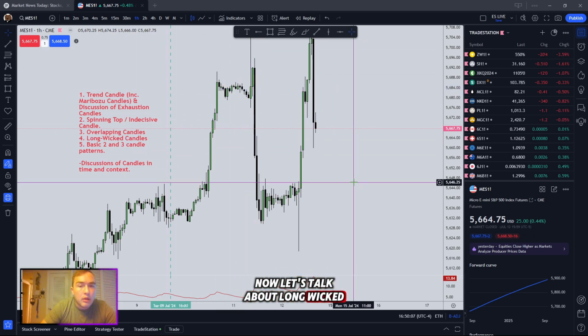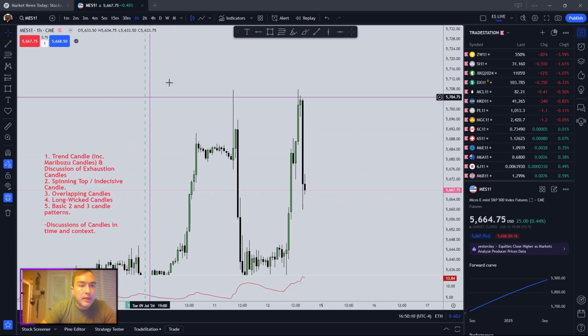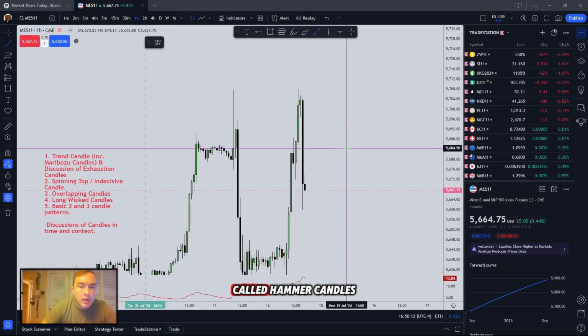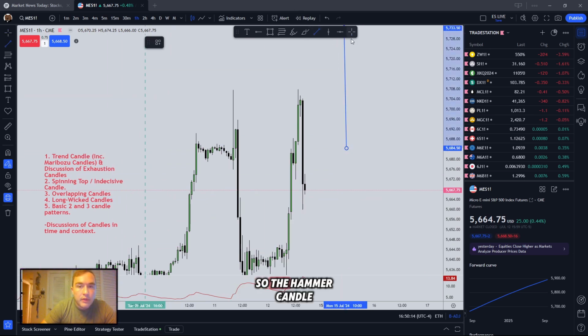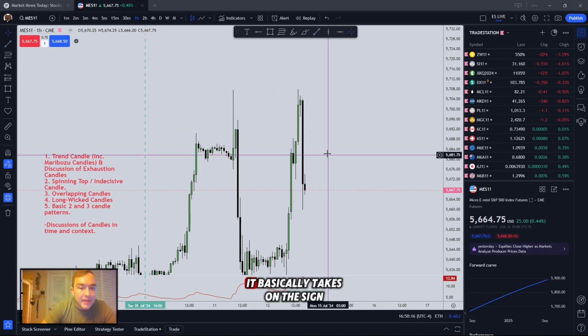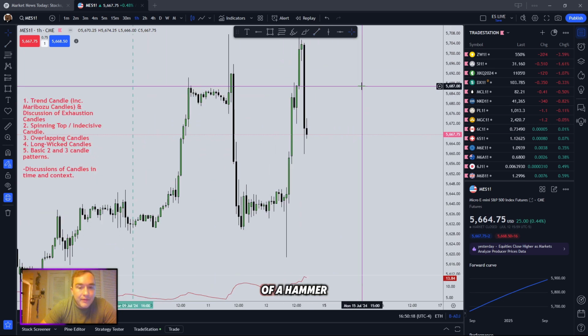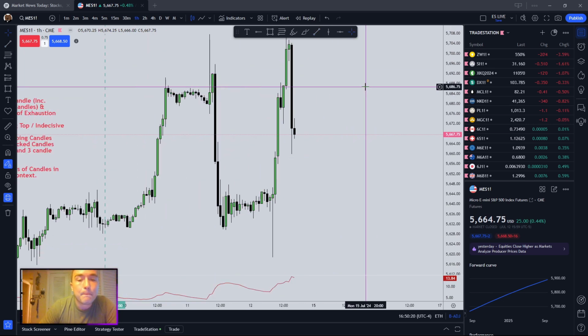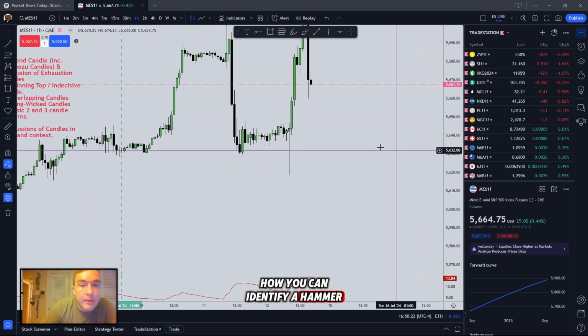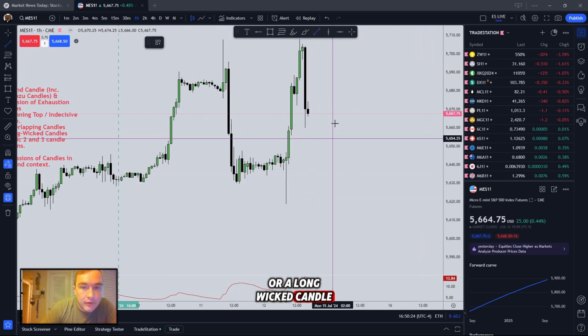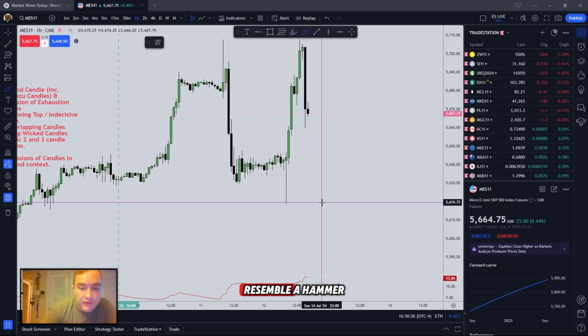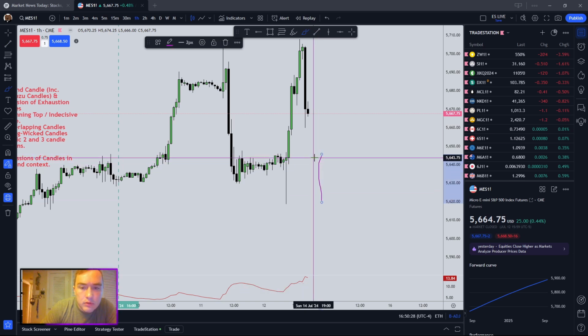Now let's talk about long-wicked candles, and specifically I want to talk about what's called hammer candles. So the hammer candle, it basically takes on the shape of a hammer. How you can identify a hammer candle or a long-wicked candle is that it should quite literally resemble a hammer.